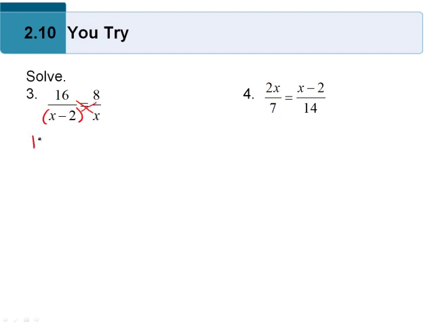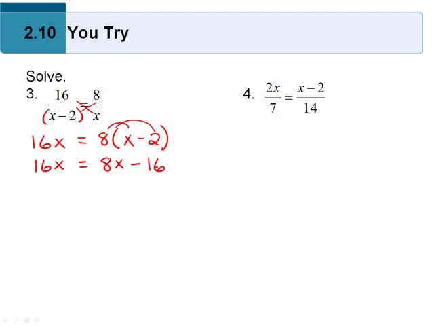So I'm going to start with the 16x equals 8 times x minus 2. But this will go back to an equation that you know how to solve. So we have 16x comes down, and then we distribute the 8. 8 times x would be 8x, and 8 times a negative 2 would be negative 16.